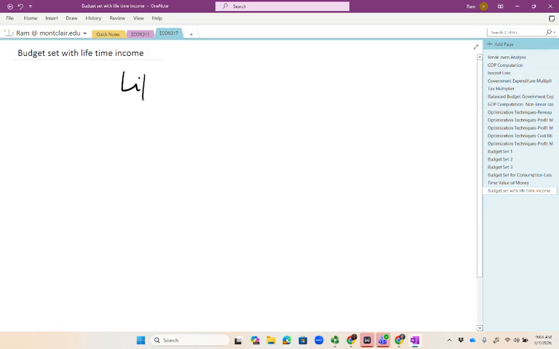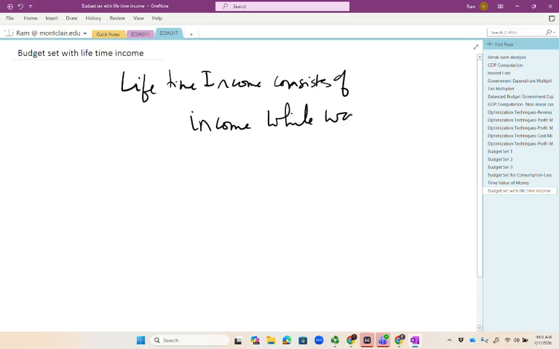So lifetime income consists of income while working, I'll call it first component, so let's write it as I1. And second, income which the person earns when retired. Income when retired.